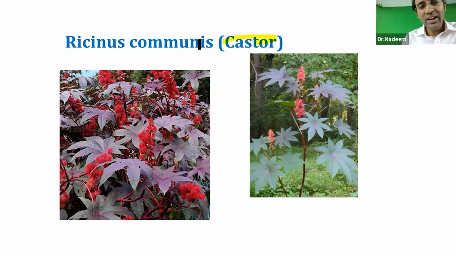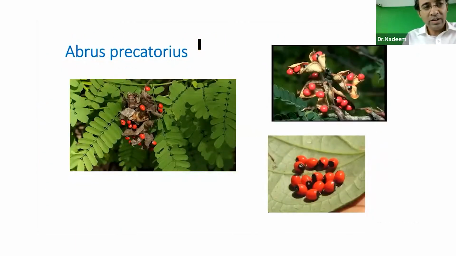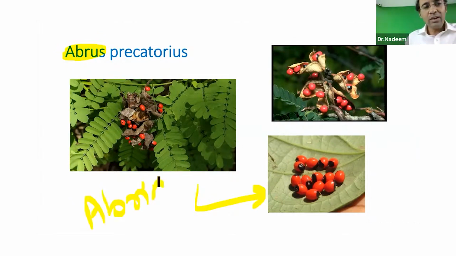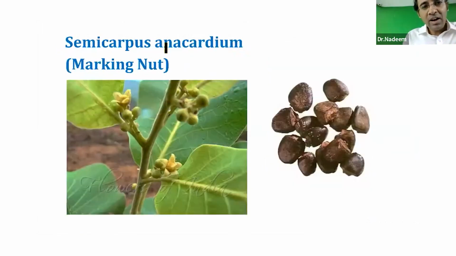The active ingredient is ricin. After that, Abrus precatorius, where the active ingredient is abrin. Third is Semecarpus anacardium, which is called marking nut. Very, very important.